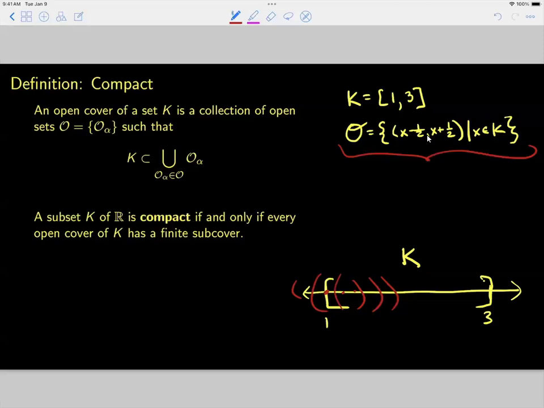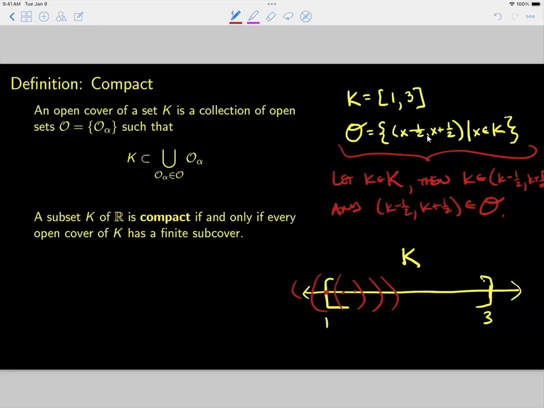So I can show that if I take a little k in the set capital K, then in particular, k is in the interval (k minus 1/2, k plus 1/2), which is in my set capital O. So I've shown an arbitrary element of K is covered by some subinterval in my collection O. So the set capital K must be a subset of the union of all the O sub alphas.